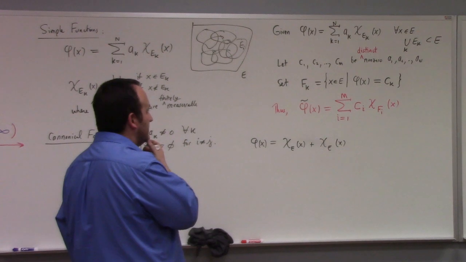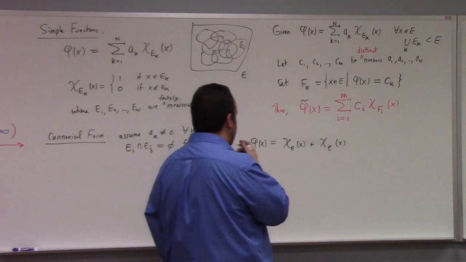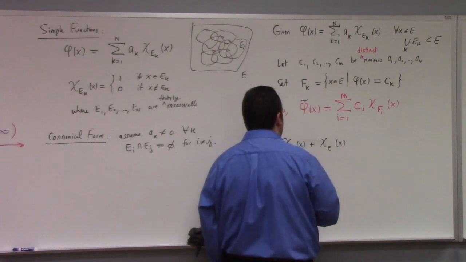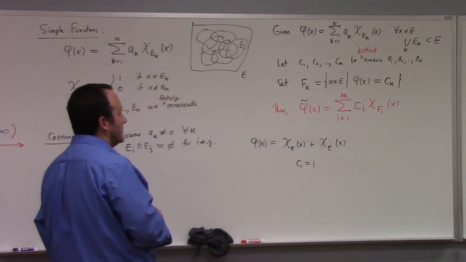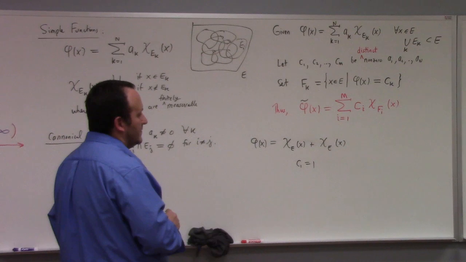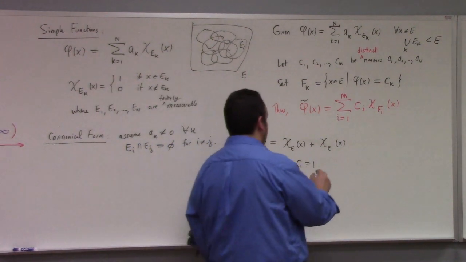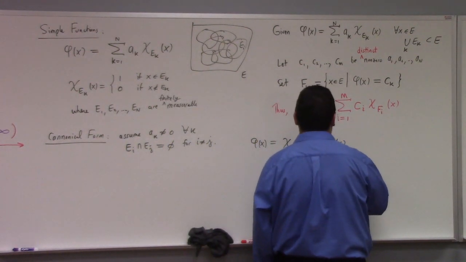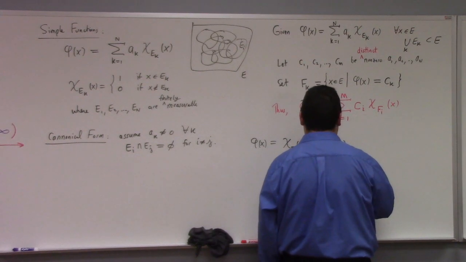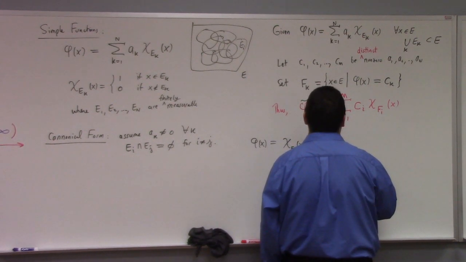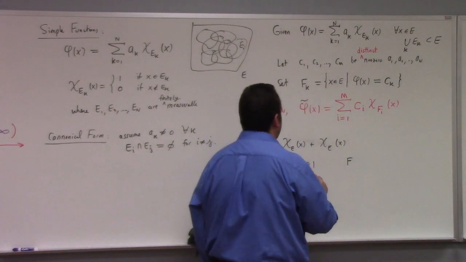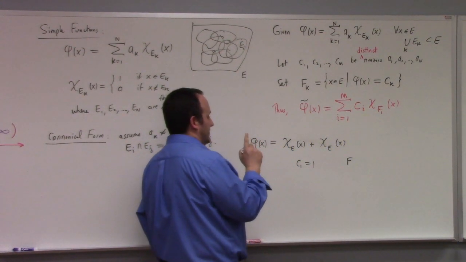Because it would say C1 is 1, and it does seem like, oh, wait a minute. Here's the rub. So F, all right. Well, no, excuse me. C1 is not 1.